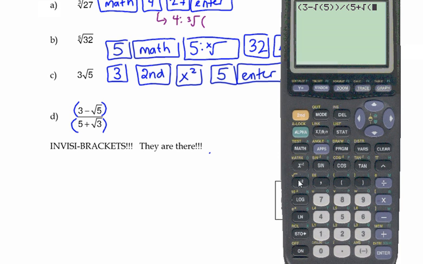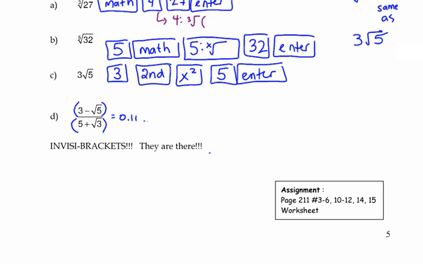At this point, I put in 3. If yours puts it underneath, then you push arrow to get out. The rest of us, because it's opened a bracket, we have to close that bracket. And close the bracket for the wrapping of the denominator. You should have that answer. Okay, so if you don't have 0.11 something, then you typed it in wrong.